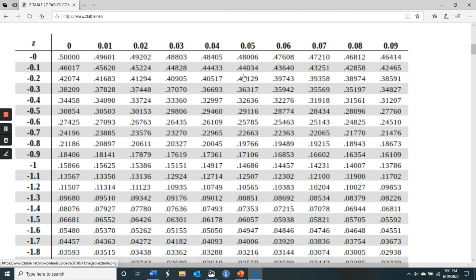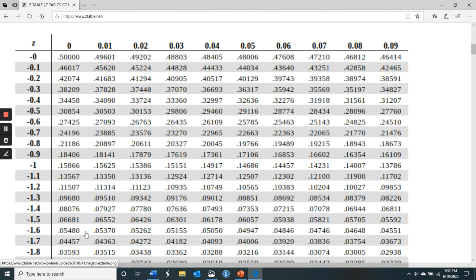So we're looking again for 0.0500. Oh, look at here. So we have 0.0505, and we have 0.0495. So 0.0500 is between these two numbers.